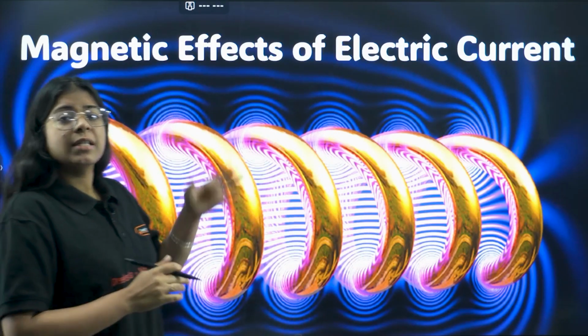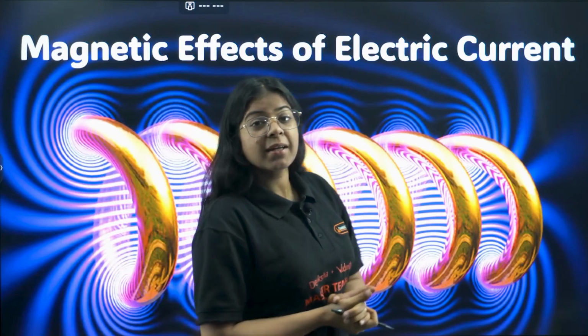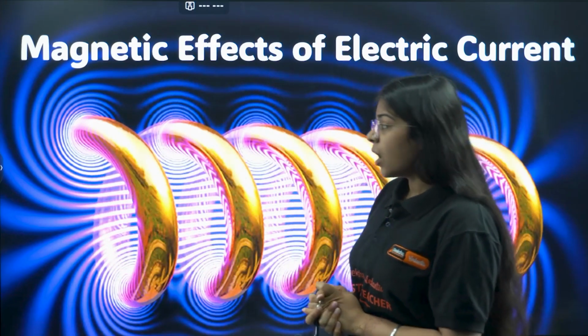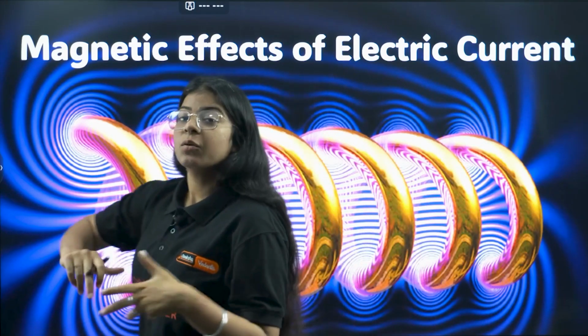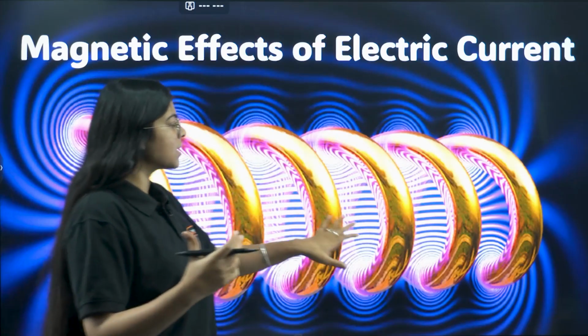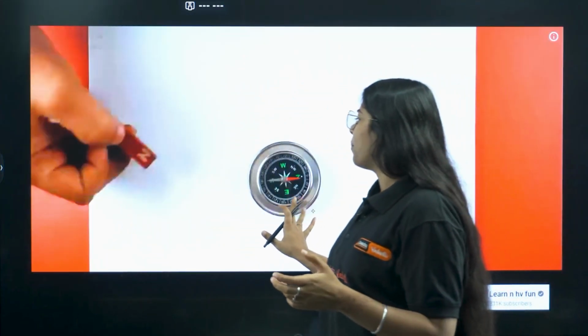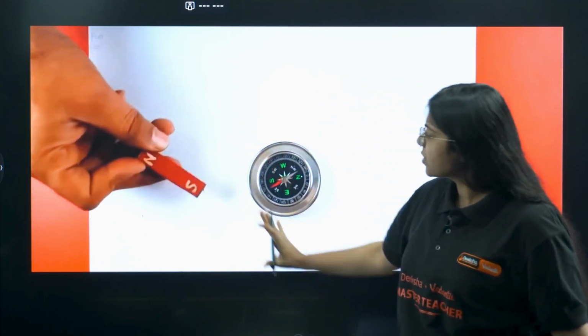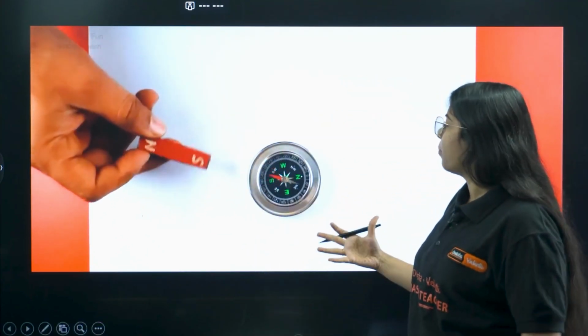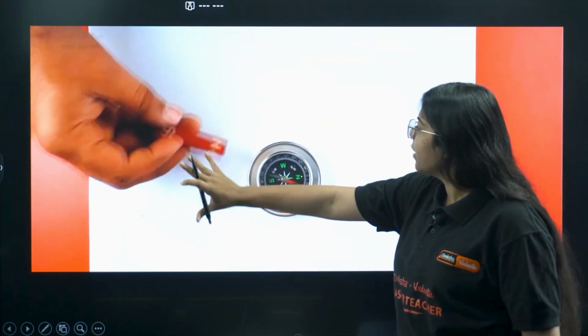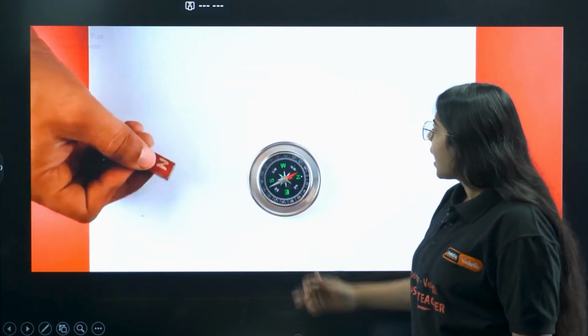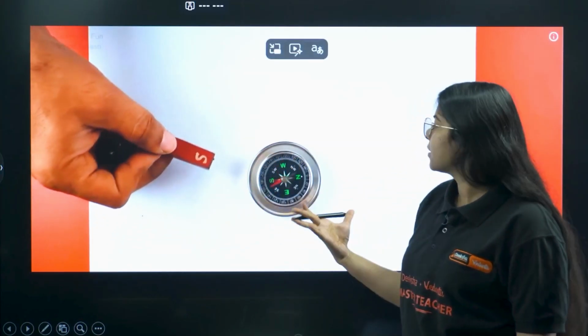So what this topic says is magnetic effects of electric current. Now, the first word is magnetic. What is a magnet? Let's understand in brief what exactly a magnet is. So let's just look at this video. Okay, what is happening here? I have a magnet, its north and south poles, and because of that this compass is getting deflected.